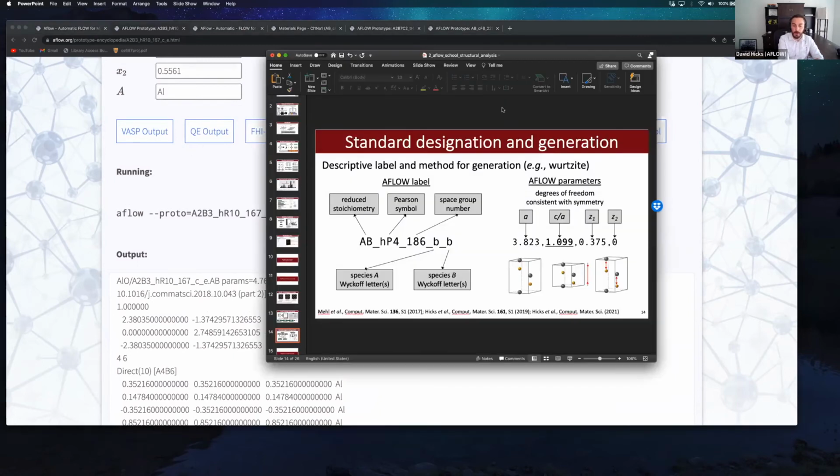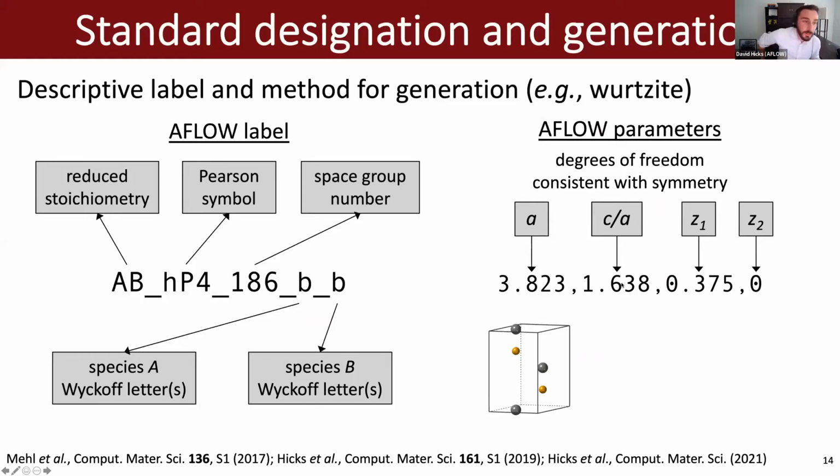And so going back to what this prototype label means and these degrees of freedom. As part of this work, we wanted to come up with a descriptive labeling scheme for these prototypes. So for example, we took quartzite for this example. And so here, the prototype is designated by both a label and parameters.